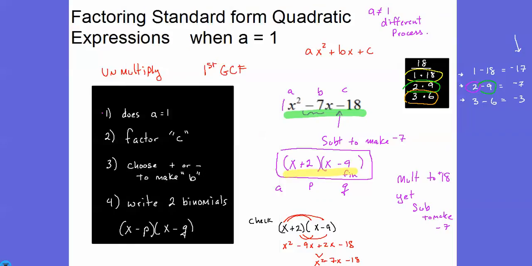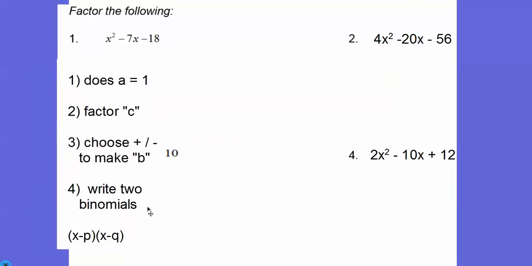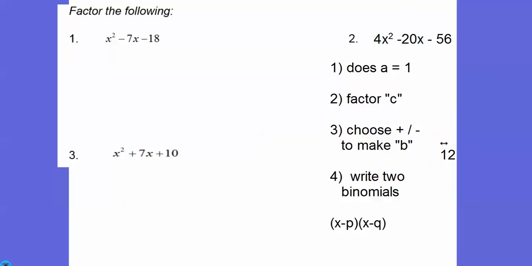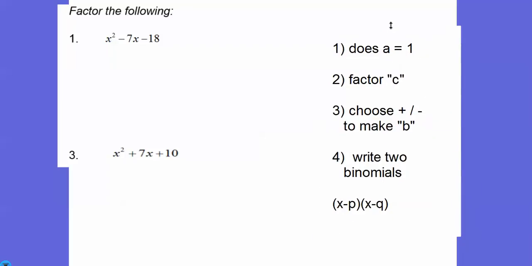Let's try this again. Alright, I made myself a list of steps just in case you forgot what we were talking about here. However, I do need to remember first, always look for a GCF.